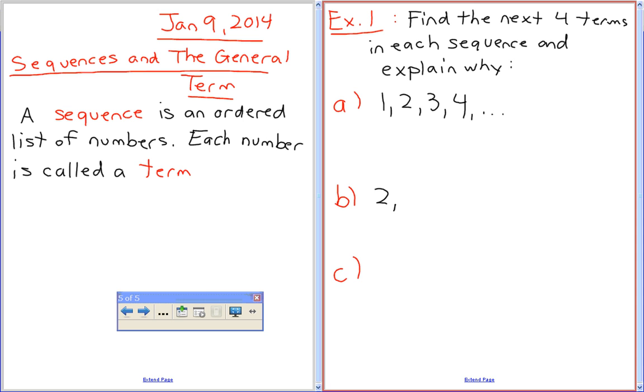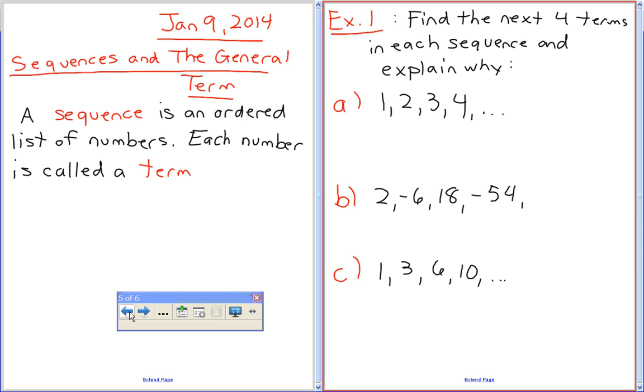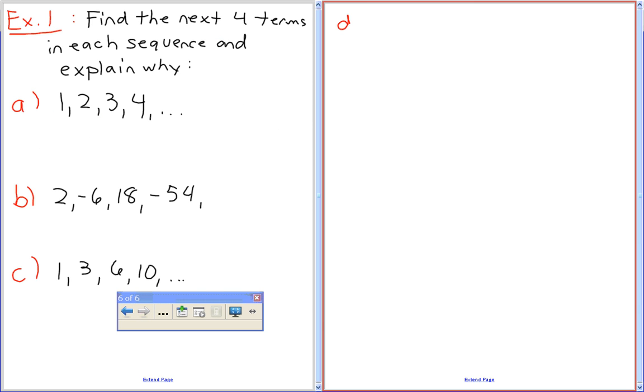B is, sorry, I apologize, 2, negative 6, 18, negative 54. C is 1, 3, 6, 10. D is going to be 1, 1, 2, 3, 5, 8, 13.